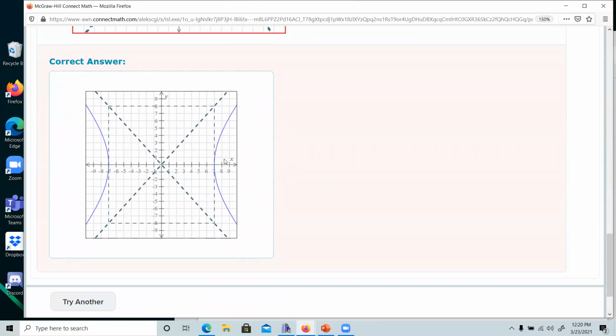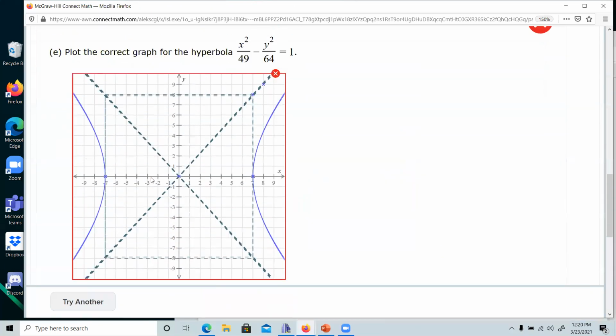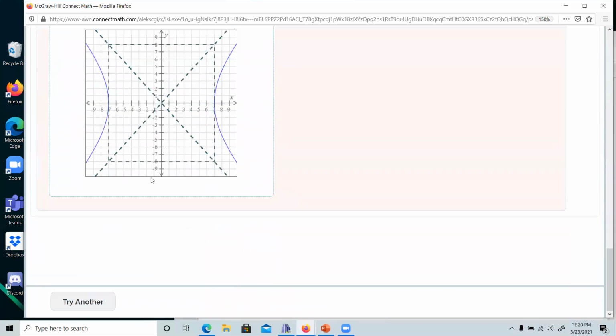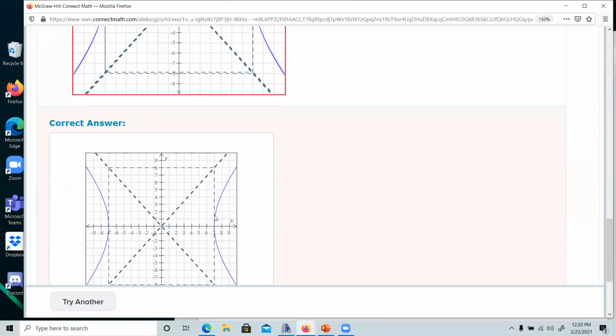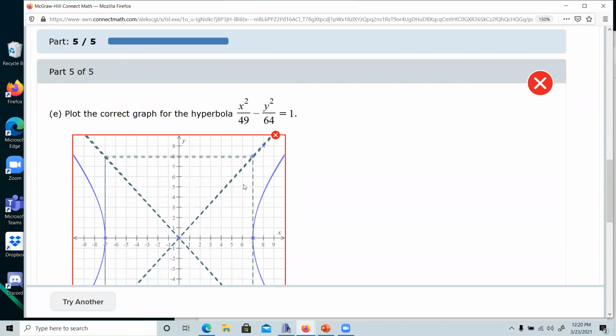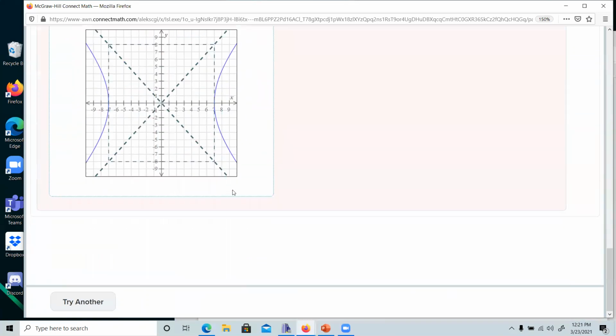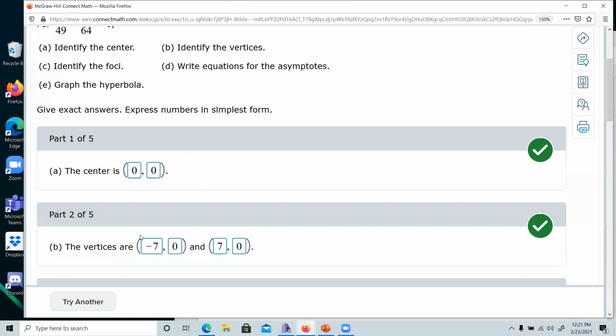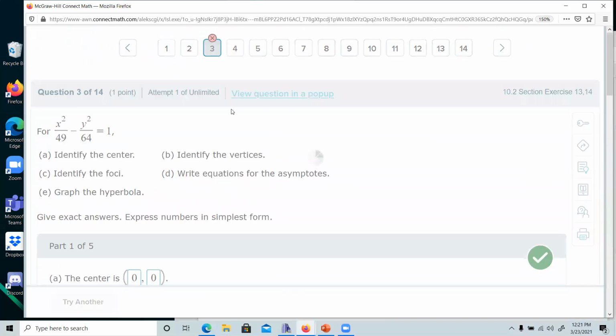I don't know. They look pretty close, but maybe I didn't get the corner exactly right or something. So I'm just going to assume maybe I should plot the point next time. All right, not going to worry too much.